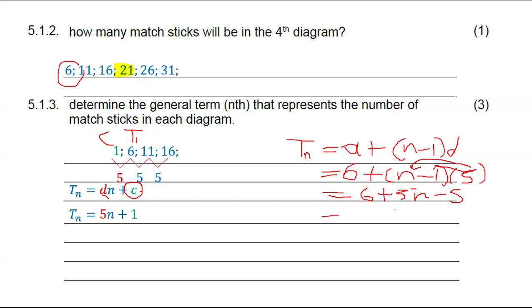I'll keep 5n here, but I will add these like terms, 6 minus 5, which will give me 1.